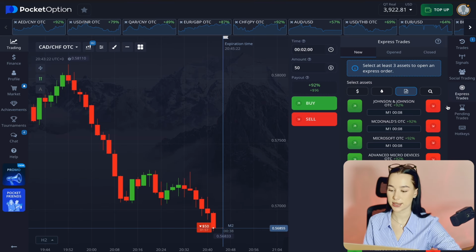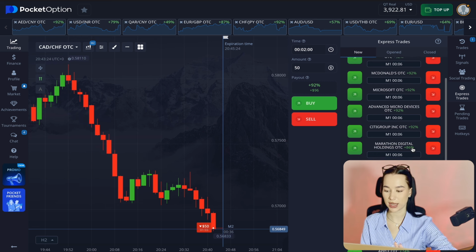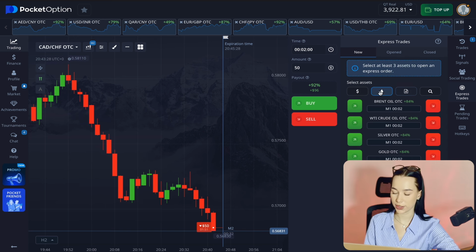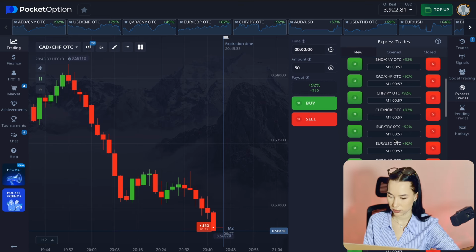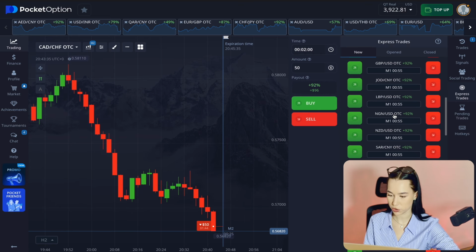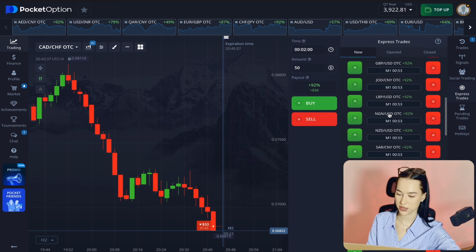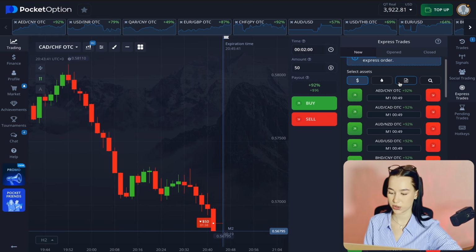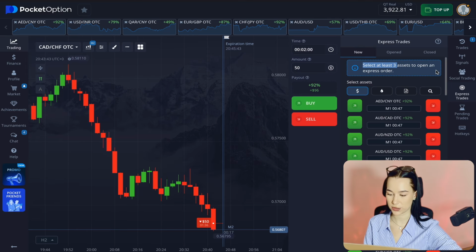Also here you can see the express trades, something like the signals, but a little bit different. For example, here's the oil, here's the currency pairs, but actually we cannot even click on them to check them out. As you can see, there are a lot of currency pairs. I never used this feature actually, and I don't really recommend it. As you can see, they're just really short trades, like 45 seconds.